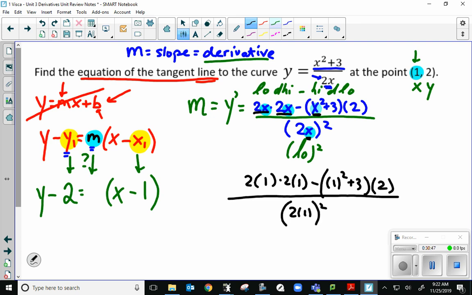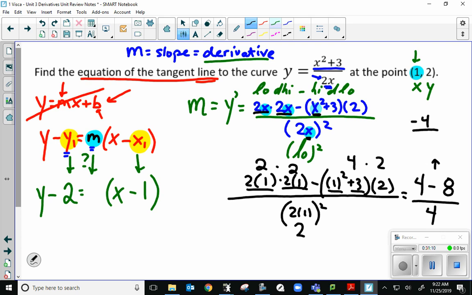That's very simple. 2 times 1 is 2, times 2 times 1 is 2, 2 times 2 is 4, minus 1 squared is 1 plus 3, that's 4, times 2, that's 8, all over 2 times 1 is 2, 2 squared is 4. 4 minus 8 is negative 4, all over 4, that's negative 1. That is my slope, that is my derivative, that is my m value. Boom, that's your equation of a line, right there.